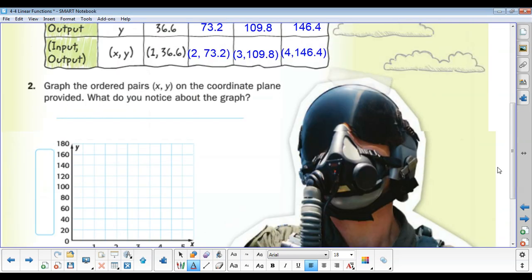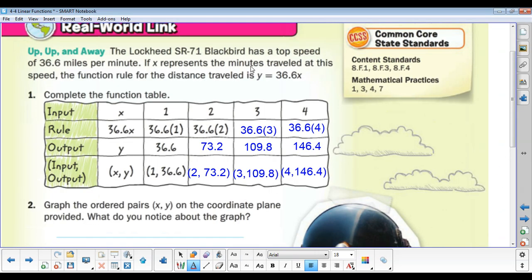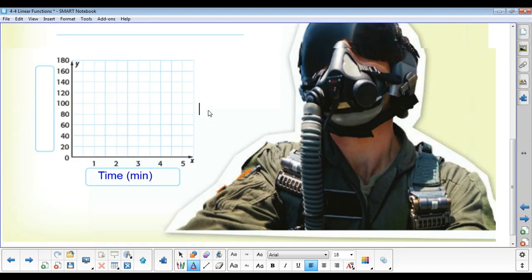And our other variable is distance. And that's in miles. So that one's going to go over here.